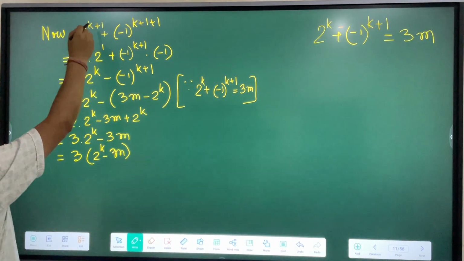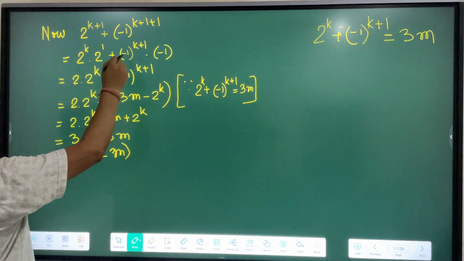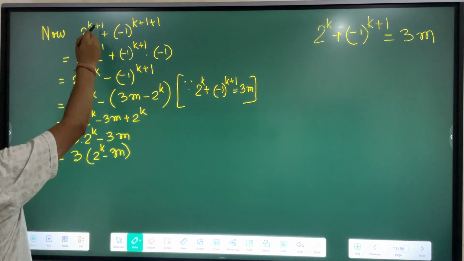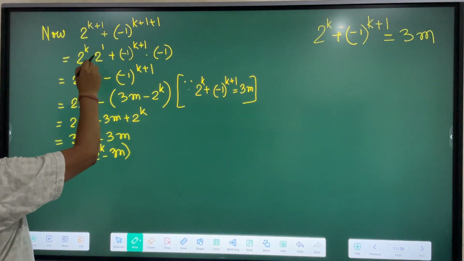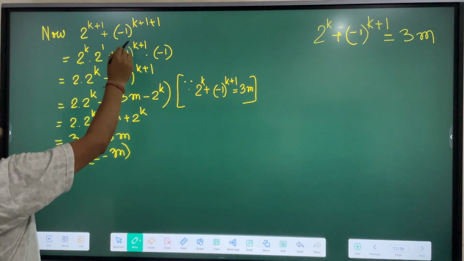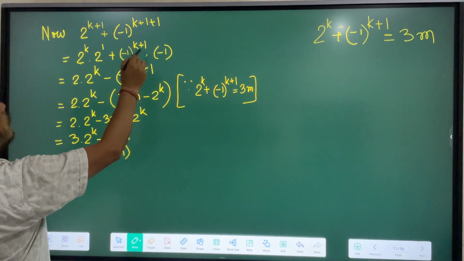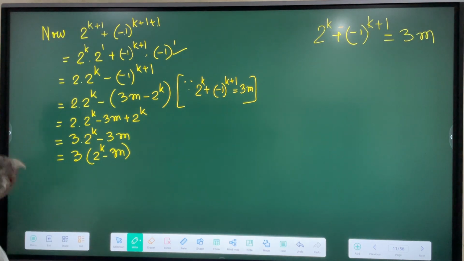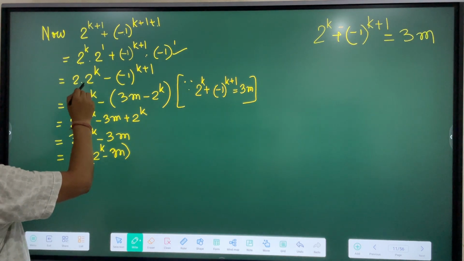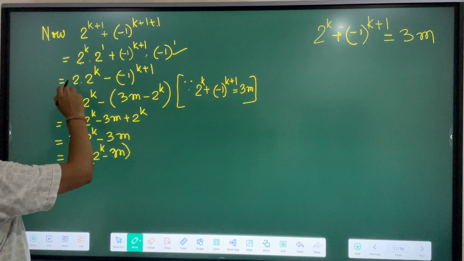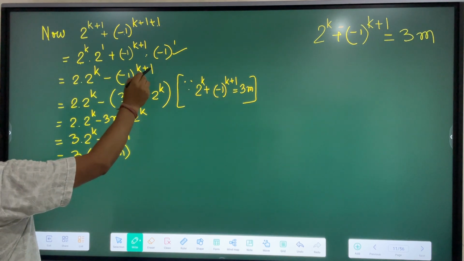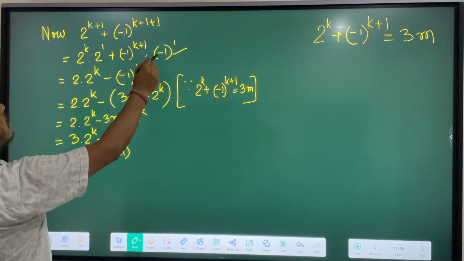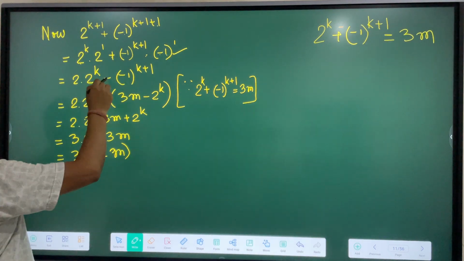So 2 to the power k plus 1, we can write as 2 to the power k into 2 to the power 1, plus (-1) to the power k plus 1 into (-1) to the power 1, written separately. Now 2 into 2 to the power k, same thing, minus (-1) to the power k plus 1. So minus 1 into plus is minus.